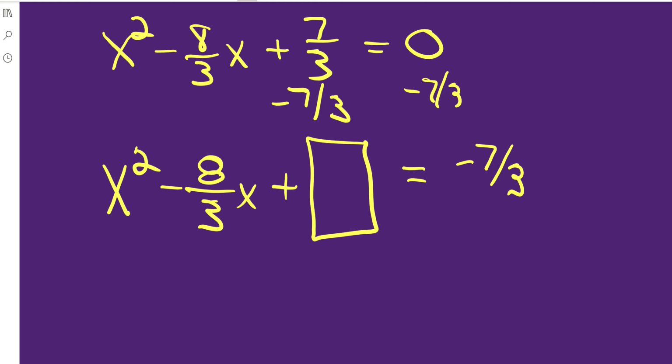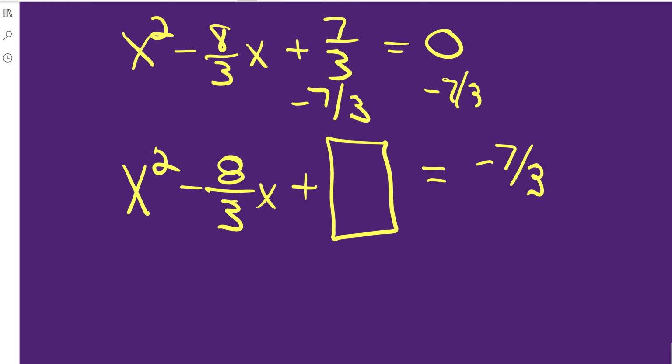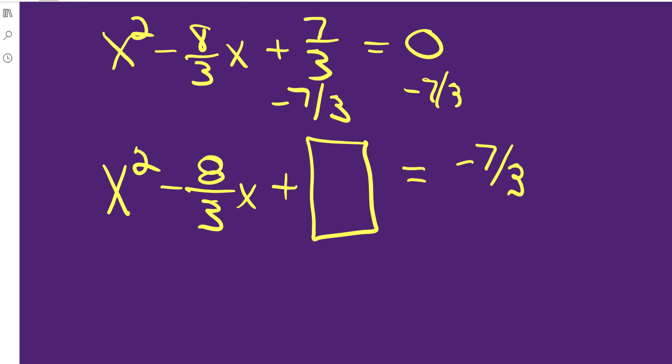Okay, my big task here is to complete the square on the left side. The way I go about doing that is take b, which is -8 over 3, divided by 2, and then square it.